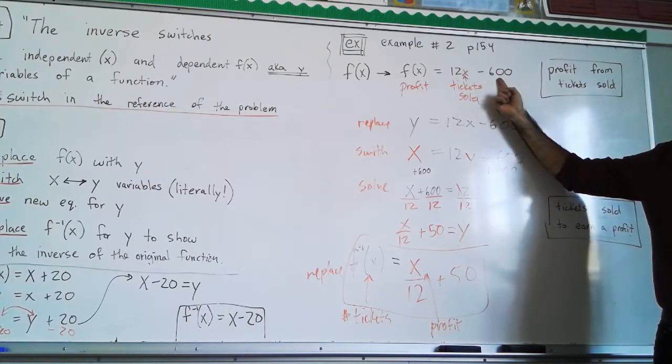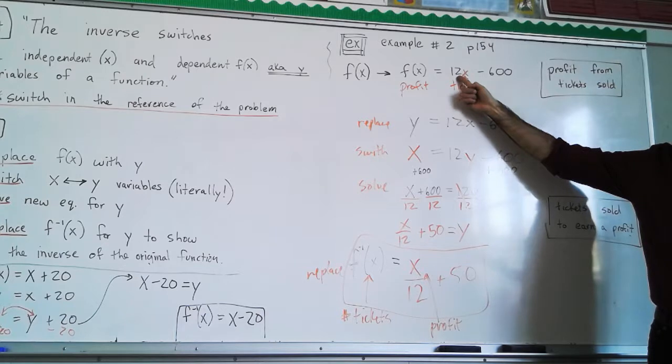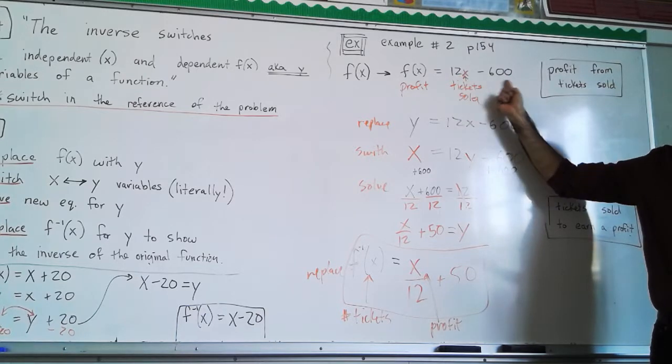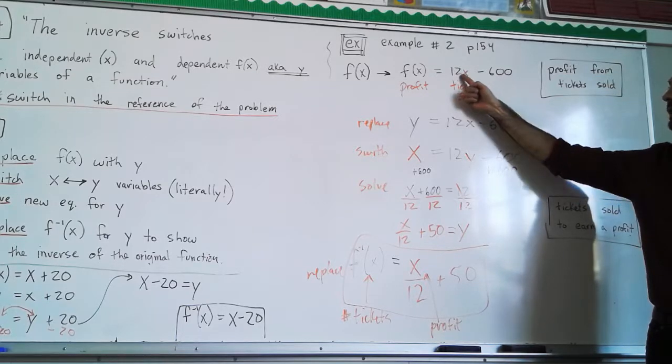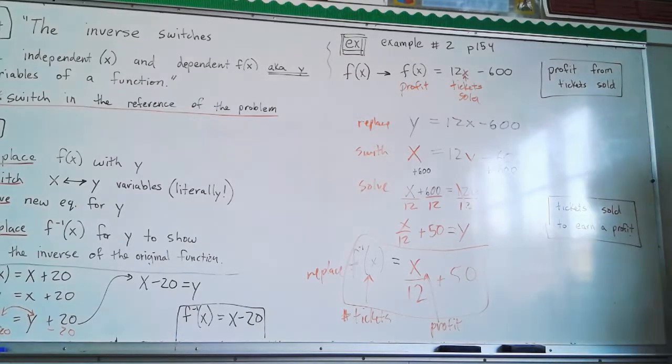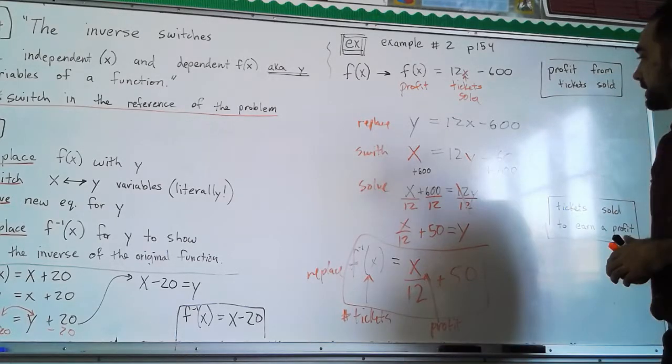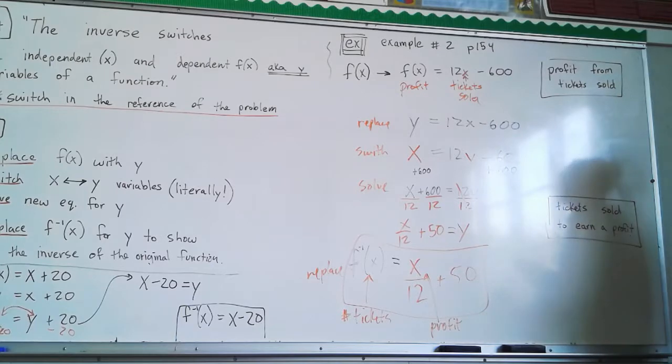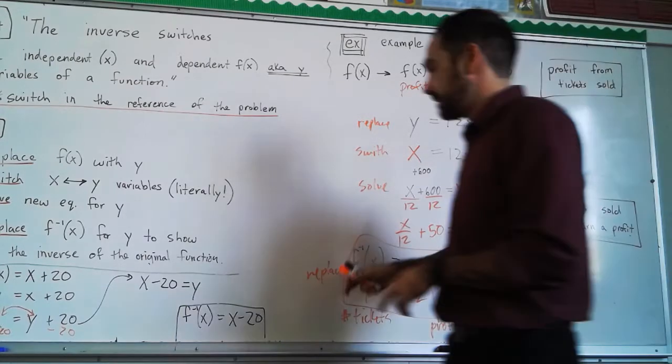Sell one ticket, you're not going to make a profit. You get $12 from your tickets, and it costs $600 to rent the theater. So we have to sell quite a few tickets to even break even. You did good marketing. Honestly, I've used this in business before. Finding the inverse is super helpful.